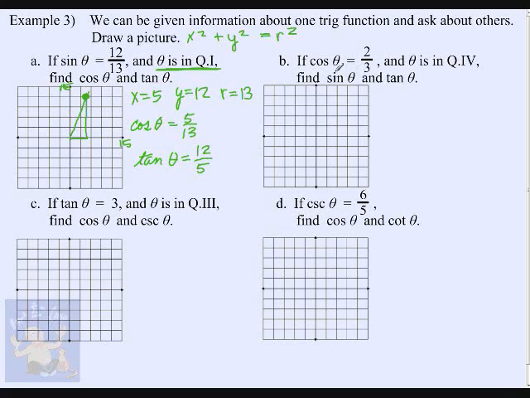Let's try another. If cosine is 2 over 3, that tells us we know what x is. X is 2. And we know that r is 3. Y we're going to have to figure out.